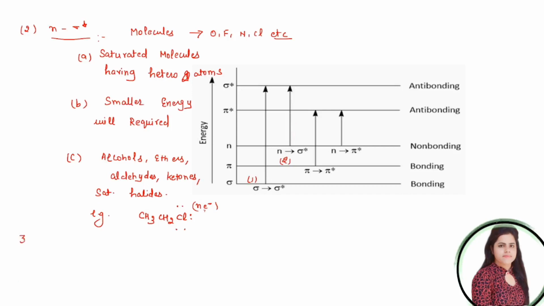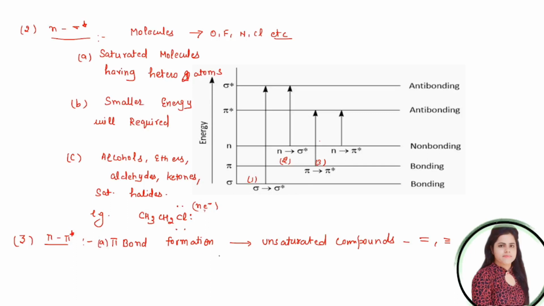Then we have the third transition. The third transition is pi to pi star. Pi means pi bond formation, and we know that pi bond formation is possible in unsaturated compounds. Unsaturated compounds means compounds containing double or triple bonds. So all the double and triple bond containing compounds can show this pi to pi star transition.